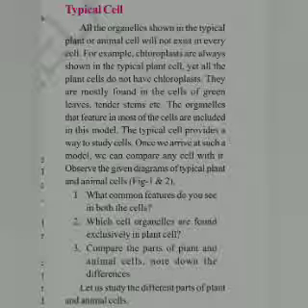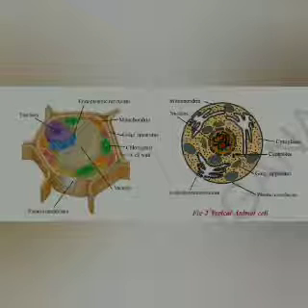Now you can observe the typical plant cell and typical animal cell, and what are the common features observed in both cells, and what are the differences from one cell to another. Write it down in your notebook and observe clearly.